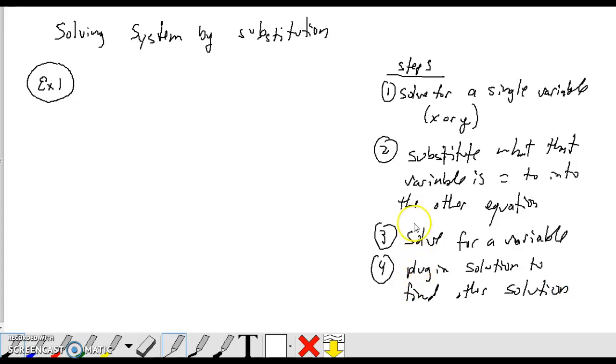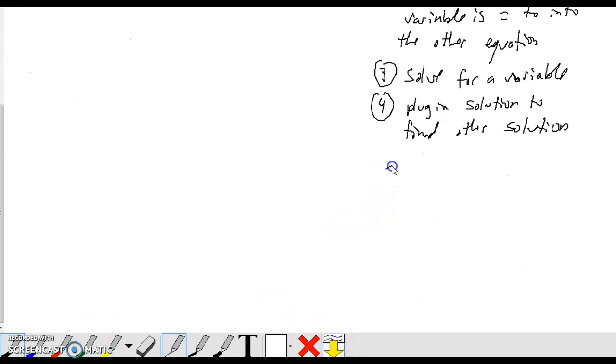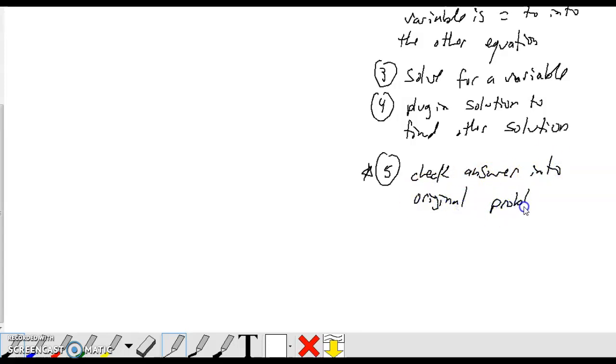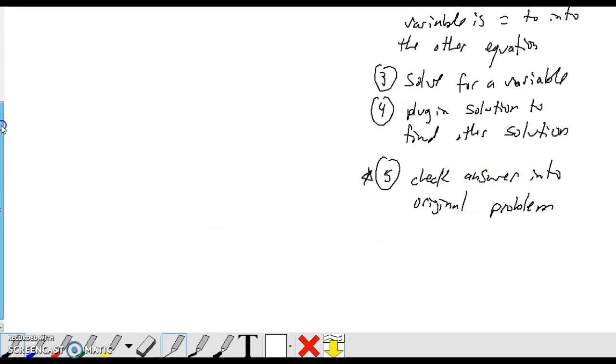And as always, what I highly recommend that you do is step 5, check your answer. So check the answer in the original problem. That's always a good thing to do.